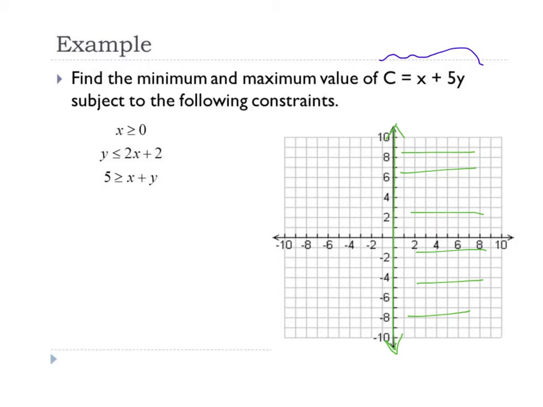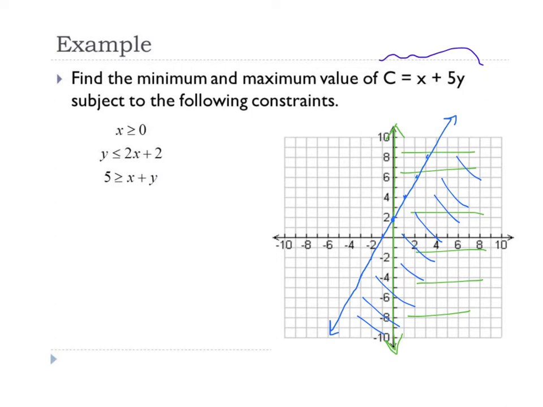The next line starts at 2, goes up 2 over 1. And if we plug in 0, 0, we get 0 is less than 2, which is true. So we shade below it.